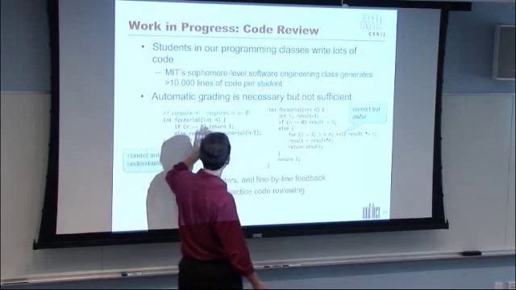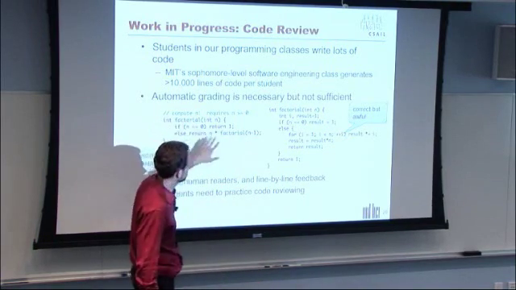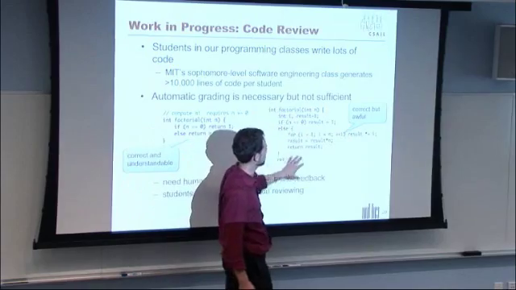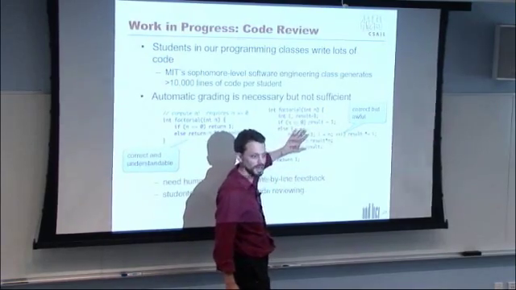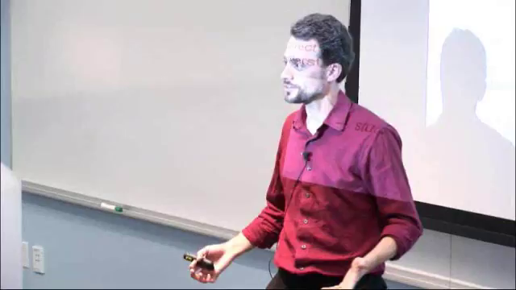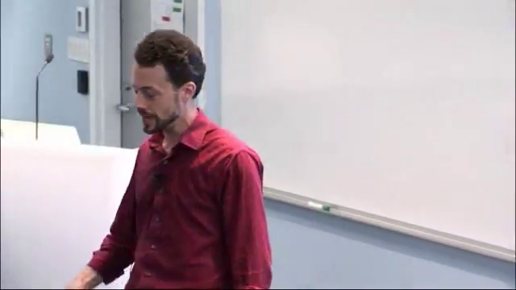So the key thing we're trying to provide here is faster feedback for students. And auto grading is really not at the point where we can give good comments about why this code is bad. This is actually a perfectly correct factorial function, but nobody would actually want to maintain it.